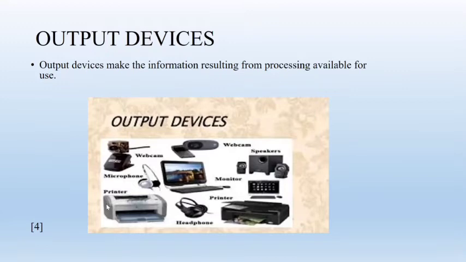Next, output devices make the information resulting from processing available for use. With the help of output devices, we are taking results from the computer. So we have monitor, printer, headphone, speaker, and so on. All these are giving output from the system to you.